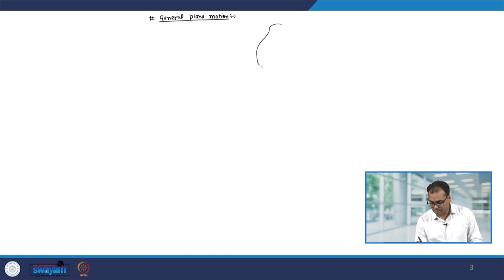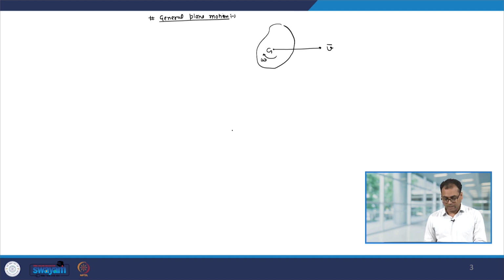So, we have this rigid body, let us say its center of mass is moving with a velocity v bar, and the body is rotating about this G with an angular velocity omega. Then the kinetic energy T will be half m v bar square plus half I bar omega square.